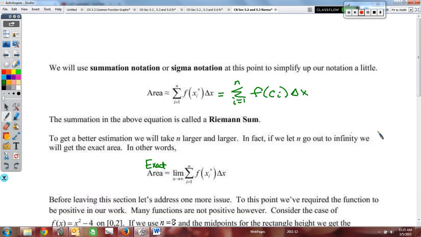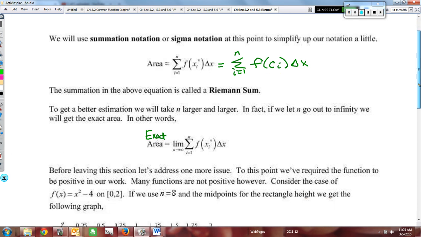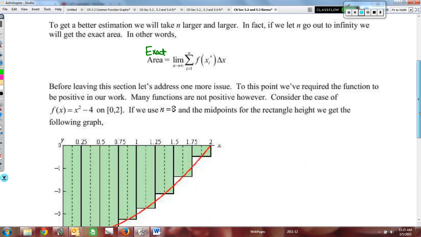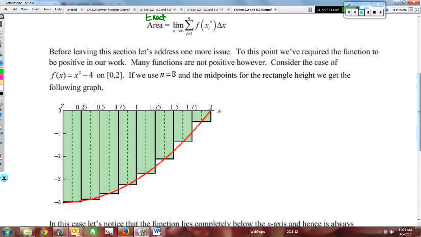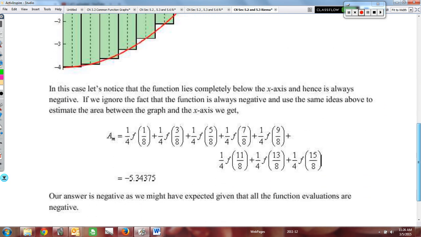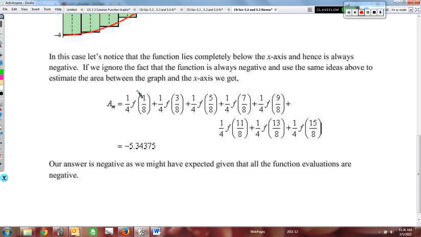We do have to talk about the idea that these Riemann sums do not always give us area, however. The function that I was picking, I was requiring it to be positive. But many functions are not always positive. So if I was doing this case, when I do this Riemann sum, it's not going to give me positive values, it's going to give me negative values because these function values that you have here are negative numbers.